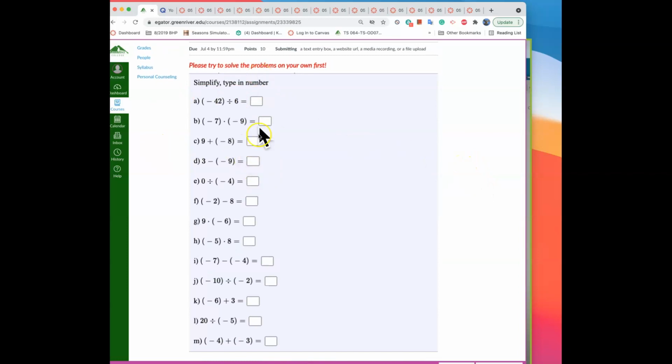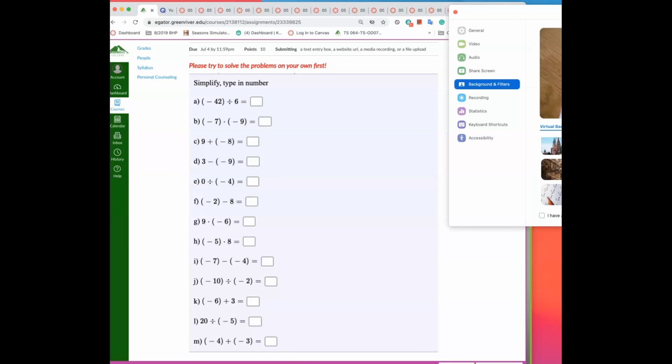Give these a try, put in your answers, and try submitting your screenshot like this. Of course, it's not going to work. Let me just show you. I think I can do this. All right, let's try this.